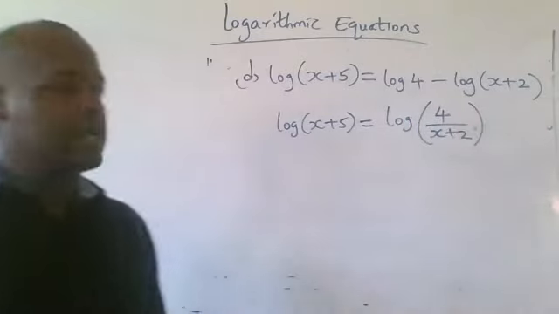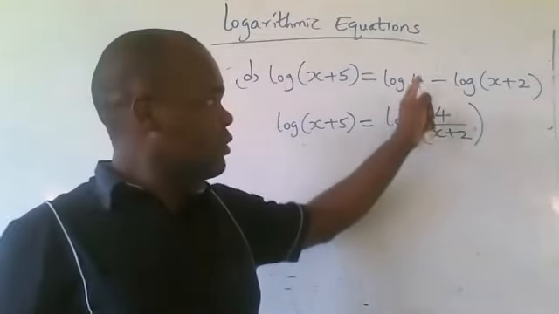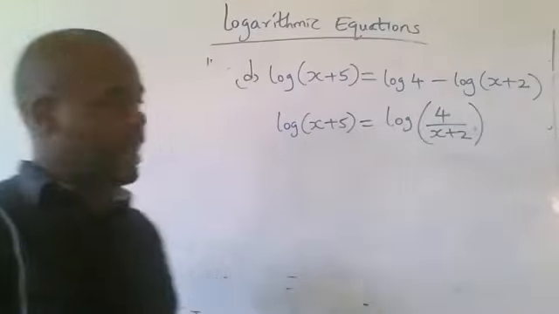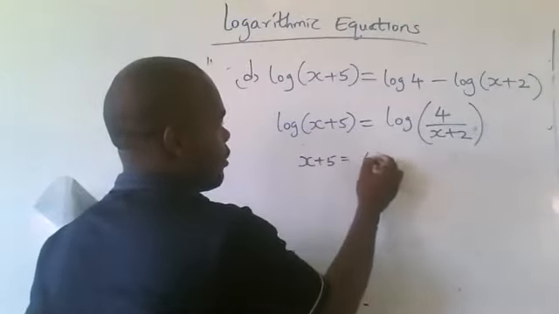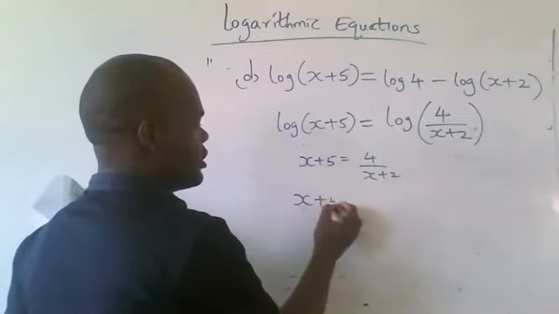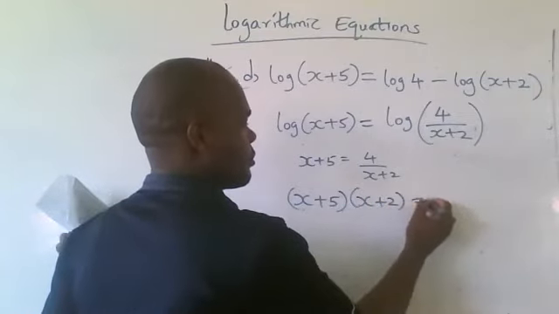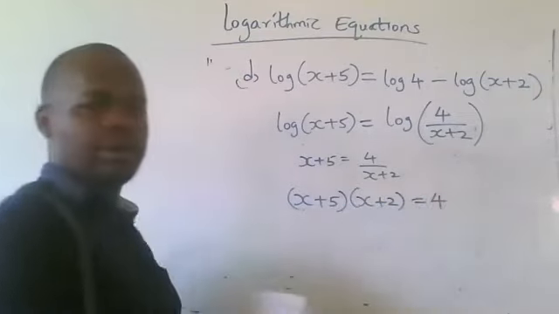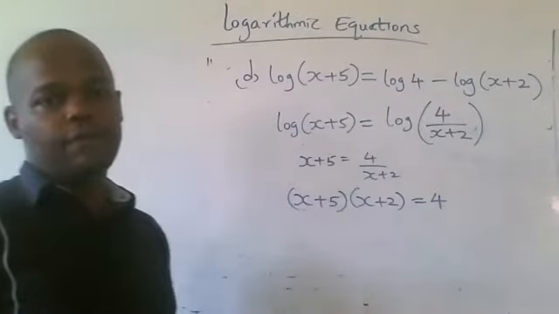Remember, it's just application of the laws of logarithm. So that means my x plus 5 is 4 over x plus 2, and then you cross multiply. So we have this equation to solve.